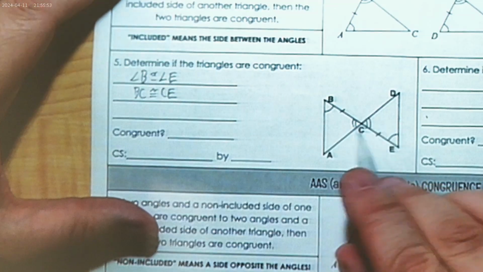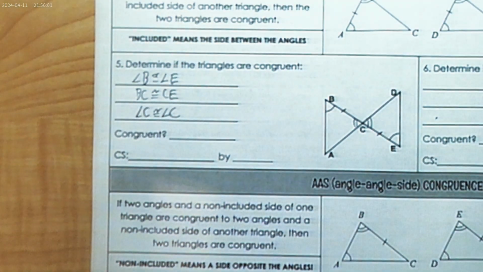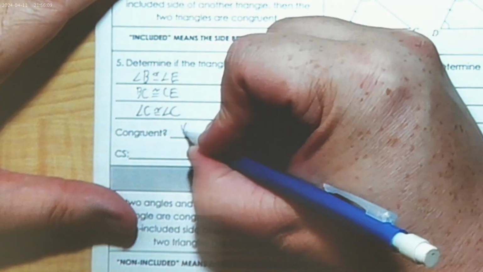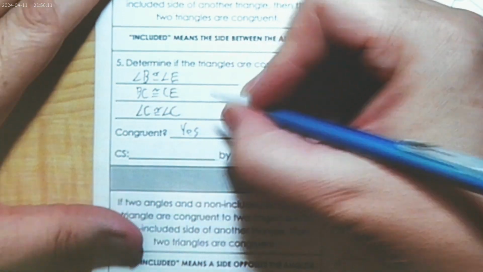And if these two are always going to be equal, that means that angle C is going to be congruent to angle C. If we have to be trivial with the shared side, we have to be trivial with the shared angles as well. So in this case, are they congruent? Yes.